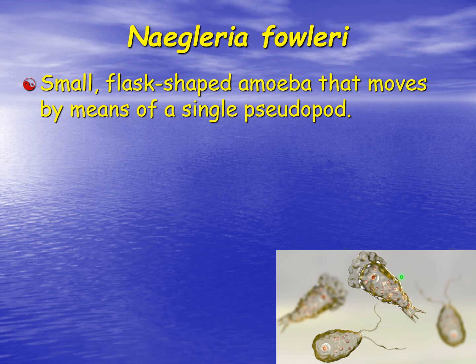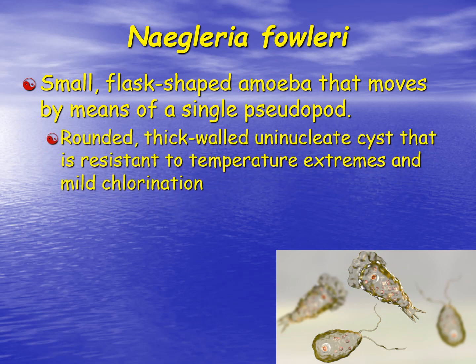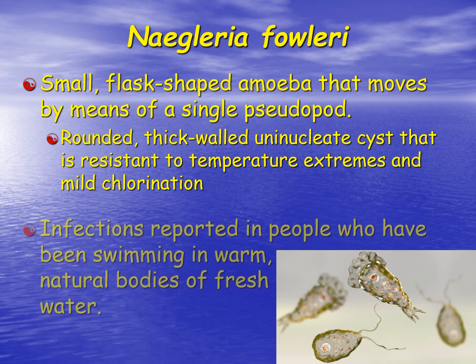And it actually comes in three primary shapes. And this is the most common shape that we see free-floating in water. They can form rounded, thick-walled uninucleated cysts that are resistant to temperature extremes and even mild chlorination.